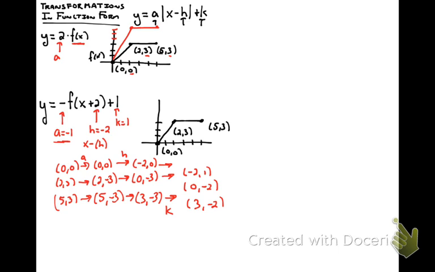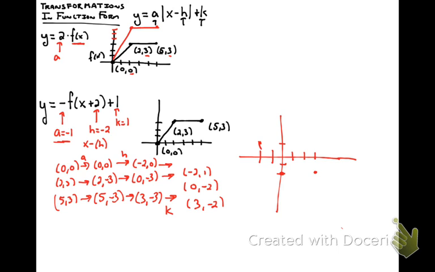So if I plot these points, I'll just do a new graph to make it easier. I've got negative 2, 1, 0, negative 2, and 3, negative 2.